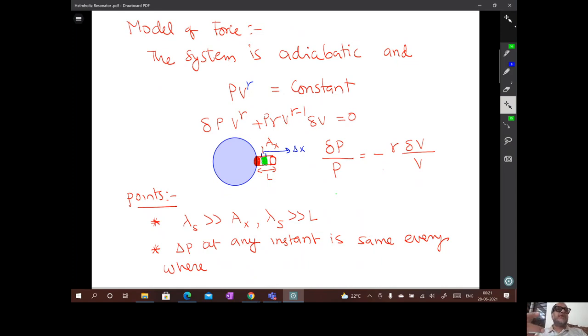Such kind of process is called an adiabatic process, and this is an adiabatic process. And when you decrease the volume, the pressure increases.